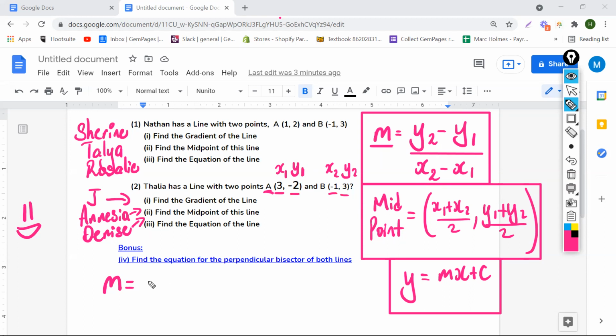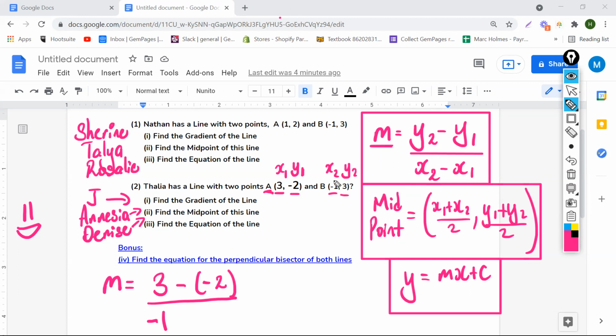So easy, we just have to say 3 minus 2, right? So y1 is -2, so this is 3 minus -2 over x2 is -1, and then x1 is 3. So am I doing this right? Let me just double check.